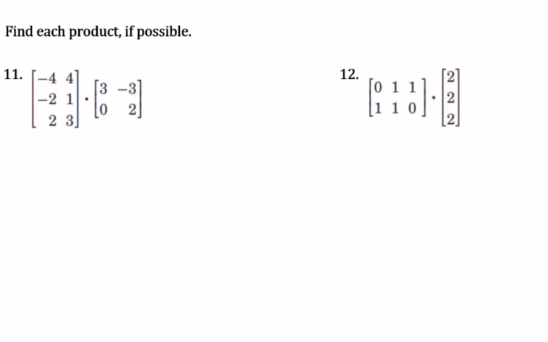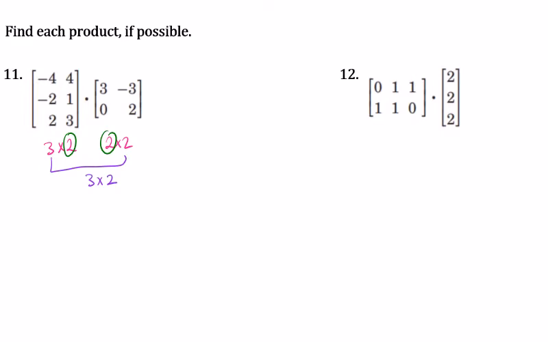All right, so number 11. So here we have a 3 by 2, 3 rows, 2 columns, and we have a 2 by 2. So those ones match up. All right, and we're going to end up with a 3 by 2.